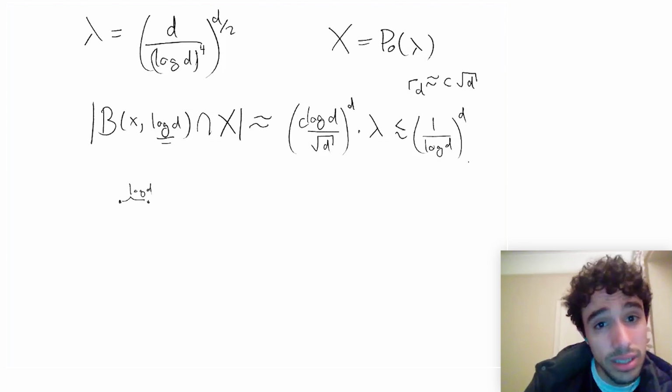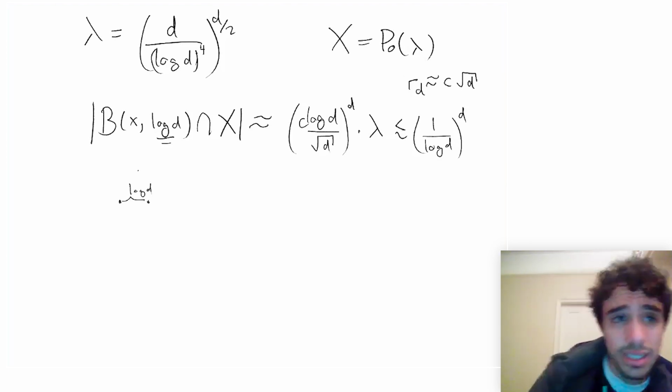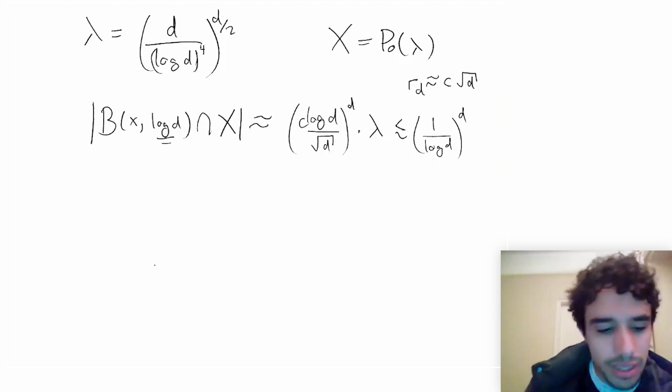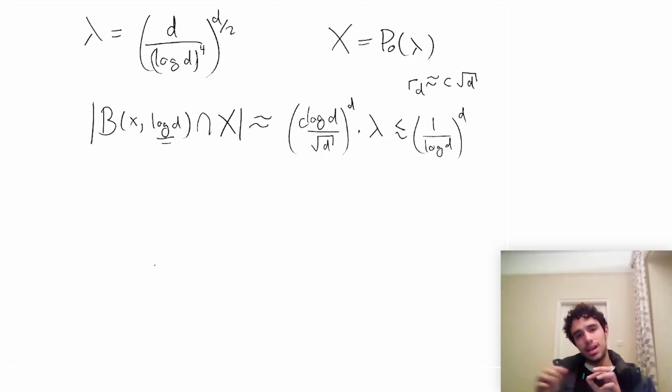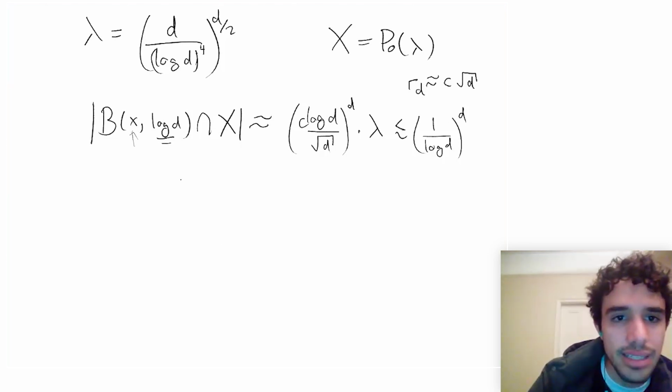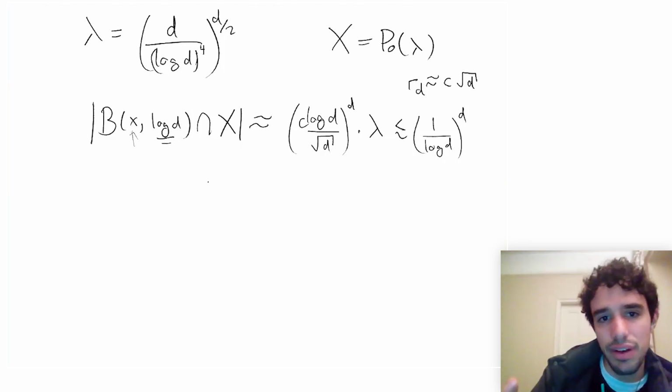This is cool because it means that we can basically delete any point x that has another point very close to it.